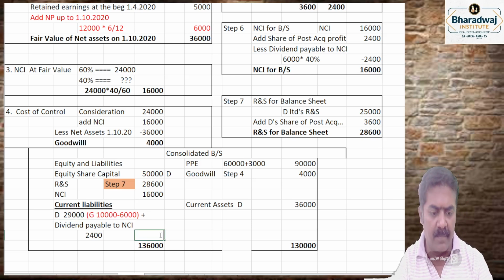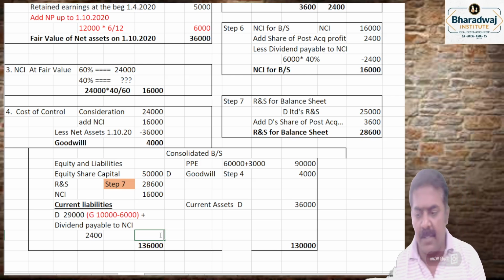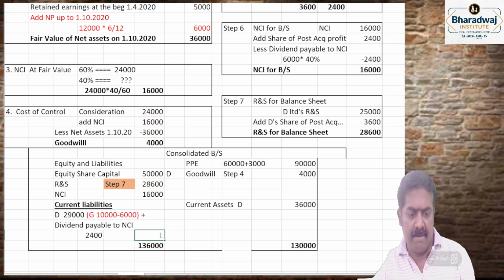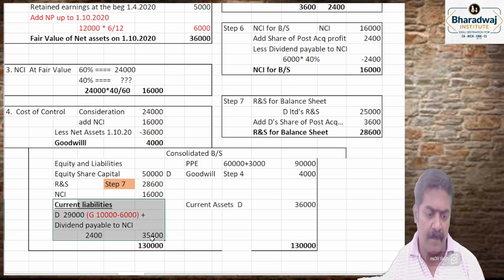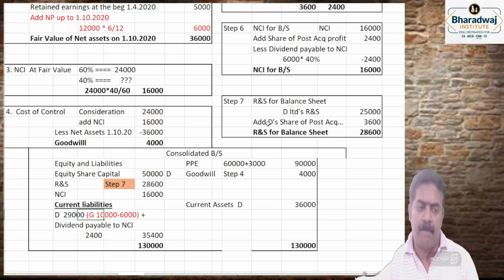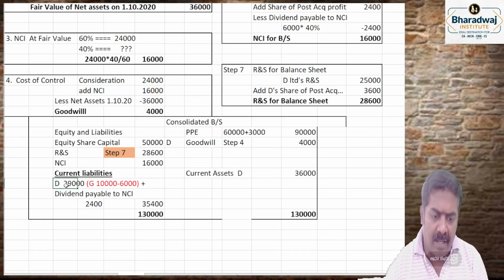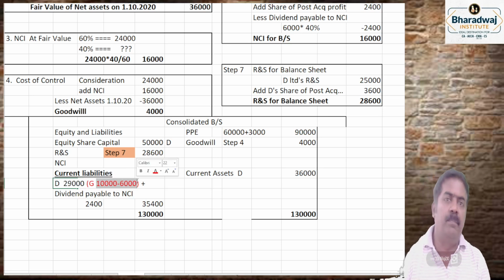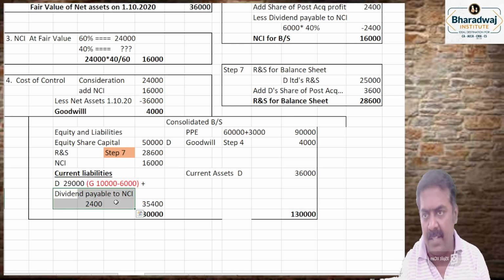29,000 plus 4,000 plus 2,400. How much? 35,400. I repeat, current liability of D 29,000, G 10,000 minus dividend payable could have been included. Because NCA alone we show separate.